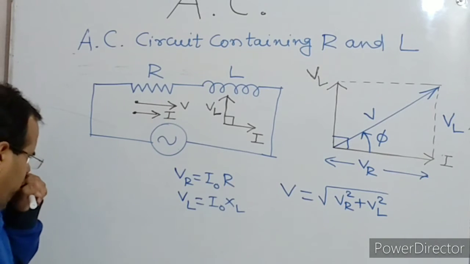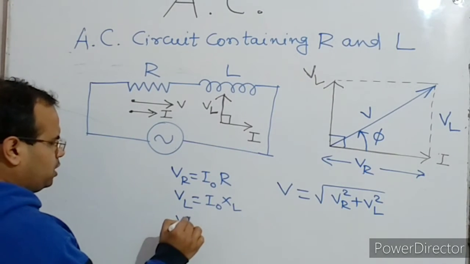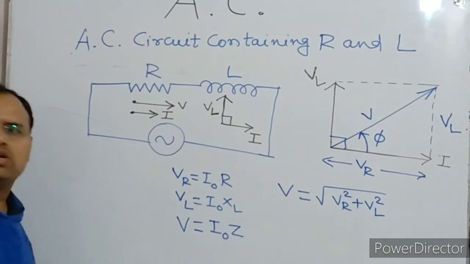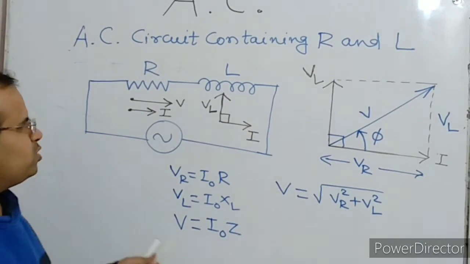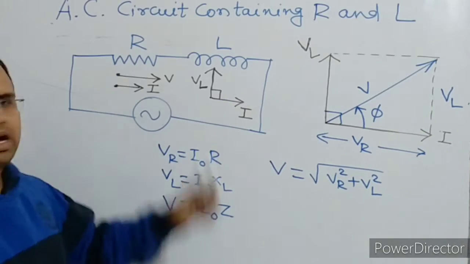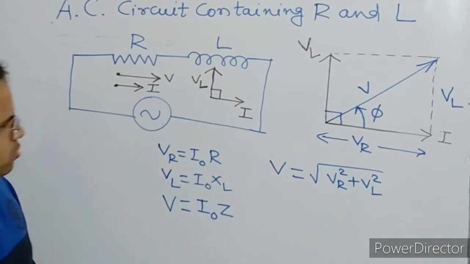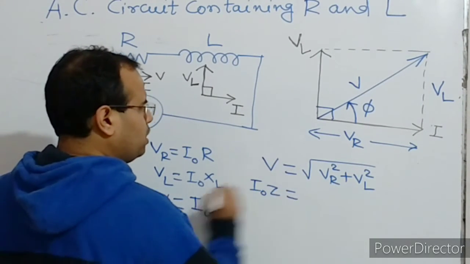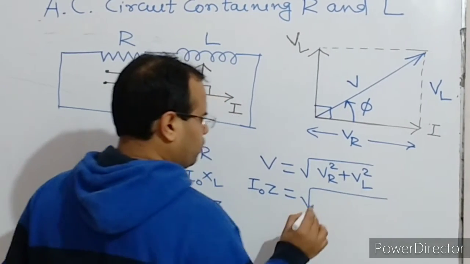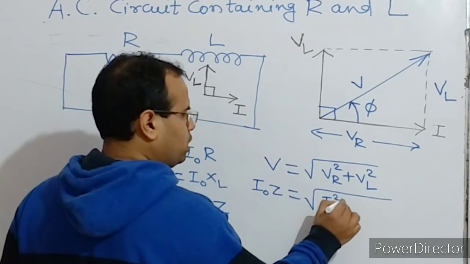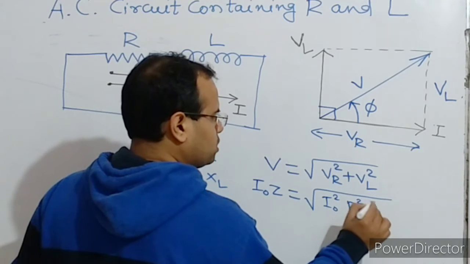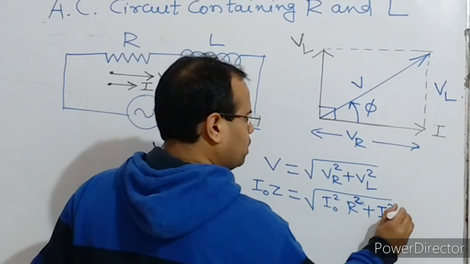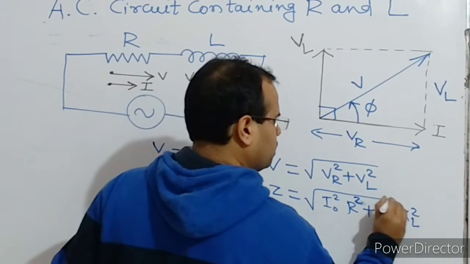V is the resultant, and it can be given by I naught Z, where Z is called impedance, the resistance of the combination of R and L. If we substitute these values, I naught Z is equal to the square root of I naught squared R squared plus I naught squared XL squared.